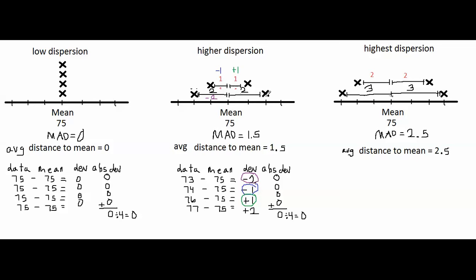This person who got an exam score of 77 is 2 above the mean, so their deviation is +2. So every person has a deviation, and an absolute deviation.